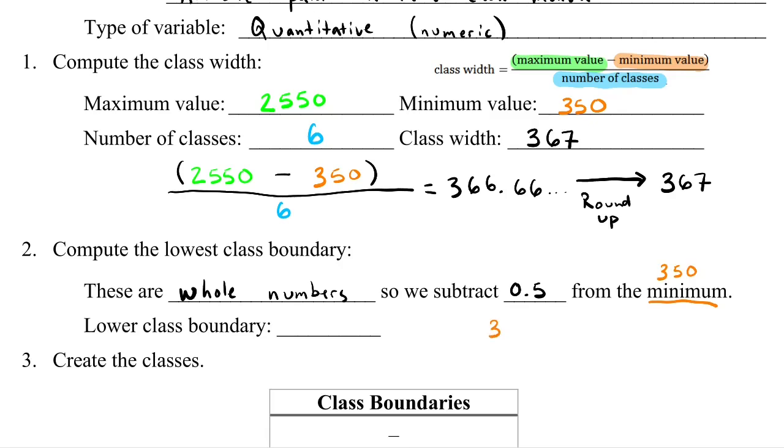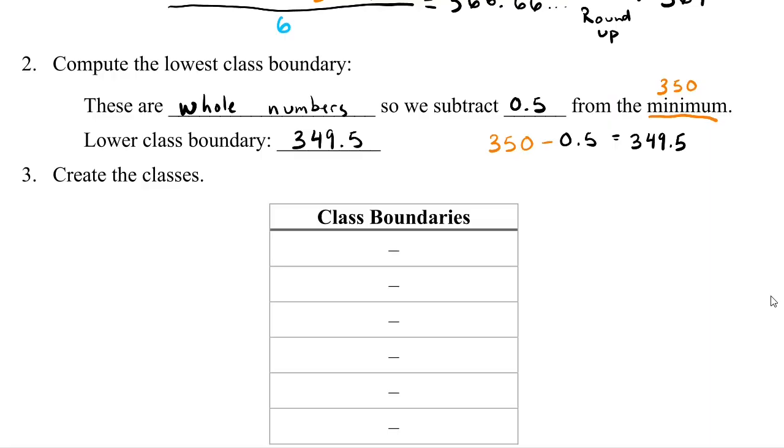So we'll take 350 minus 0.5, and that gives us 349.5. And again, the reason that we're doing that is so that after we set up all of our classes, none of the numbers in our table will ever fall on the boundary between classes. So it's always unambiguous which class each number is in.